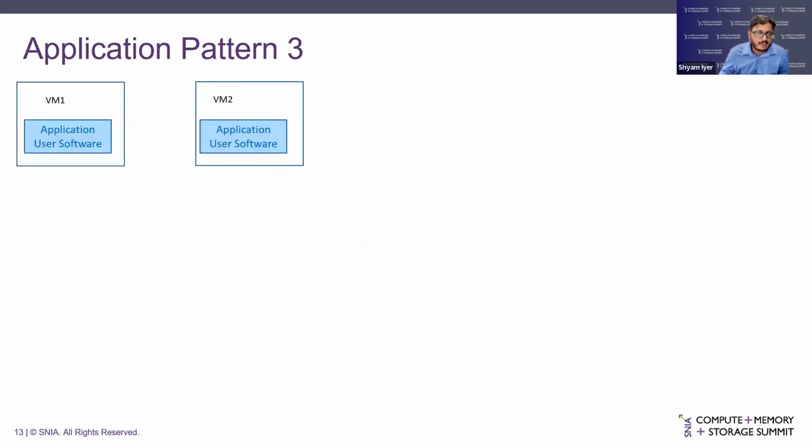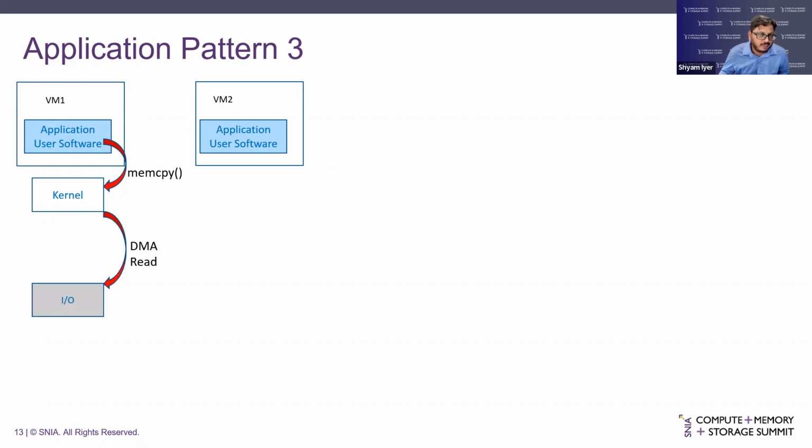This third pattern is related to virtualization. And this is one example where, in a virtualized setup, there are two VMs, and these VMs want to move data between each other. Today, we have to do a copy from the VM's user buffer to maybe the host or the hypervisor's kernel buffer.